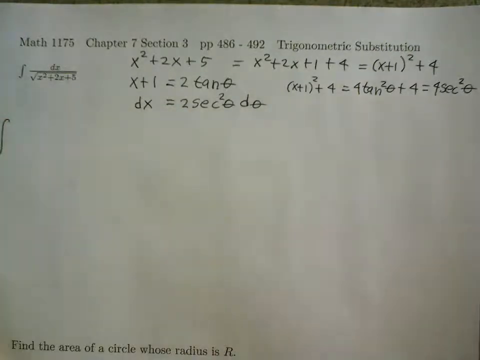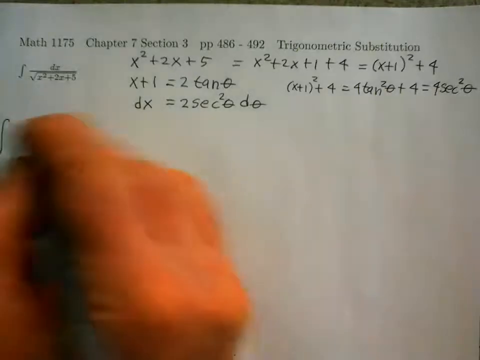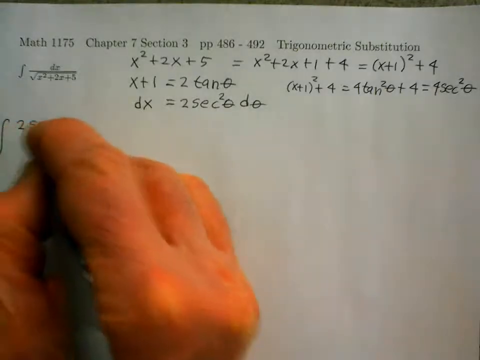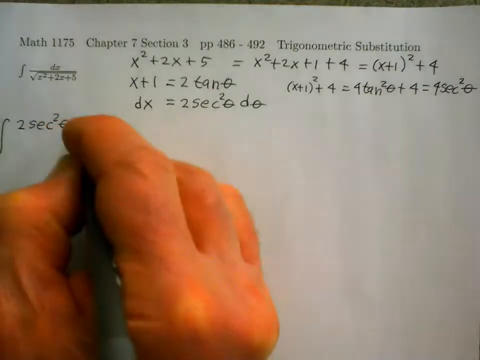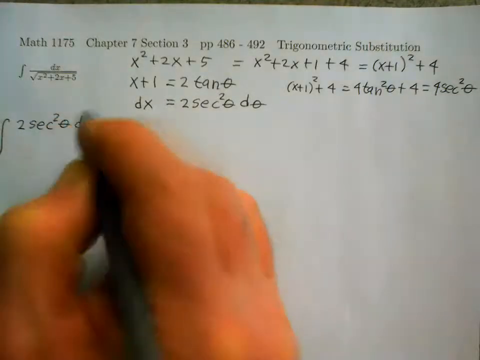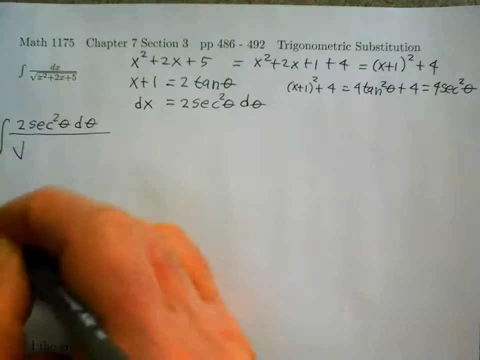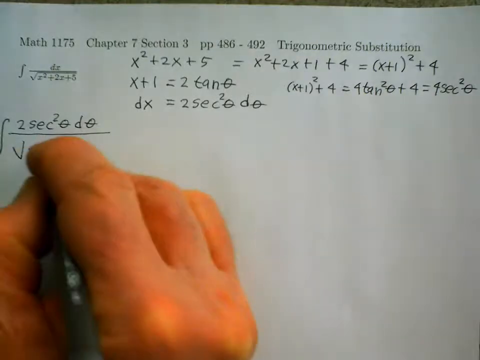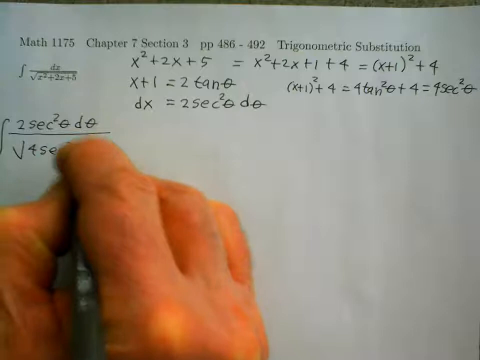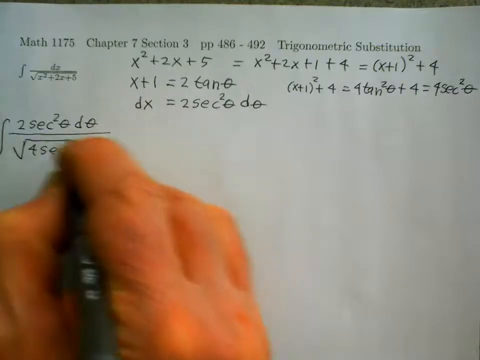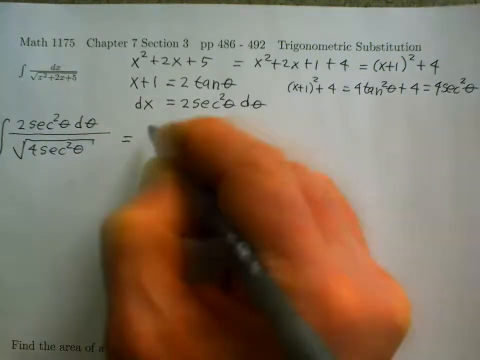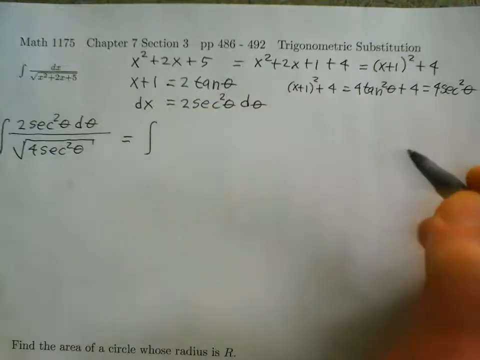So in the numerator, we write dx, which is 2 times secant of theta squared d theta. In the denominator, the square root of 4 times secant of theta squared. And a little bit more arithmetic.